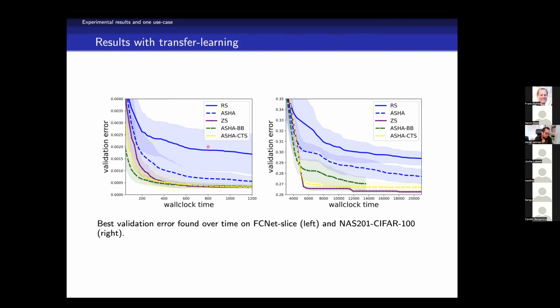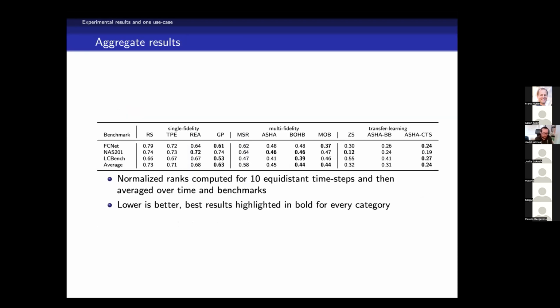So transfer learning methods work pretty well. That's just a confirmation of what we know. Probably, though, I've not seen so many comparisons where you can compare transfer learning methods in a distributed asynchronous setup.